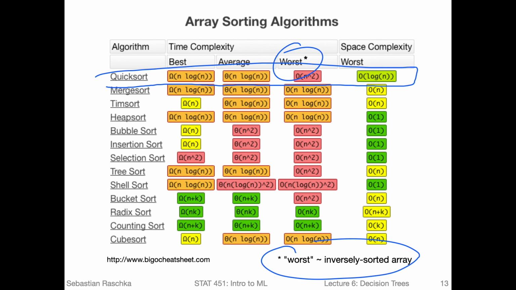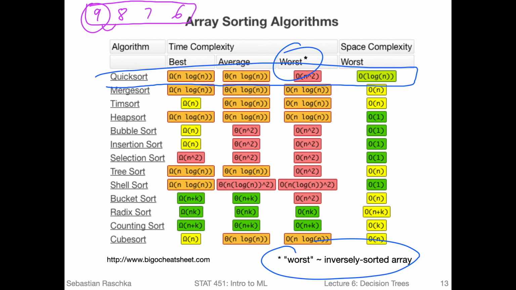The best case would be, of course, if the array is already sorted, but we wouldn't know that it is sorted. So both the completely sorted or the inversely sorted array would be worst cases, because consider a case where we have a sorted or inversely sorted array. Let's say we have something like 9, 8, 7, 6, right? So if we have an array like that, what will happen is then we will pick the first value as the pivot, and all the other elements will be smaller than the pivot.